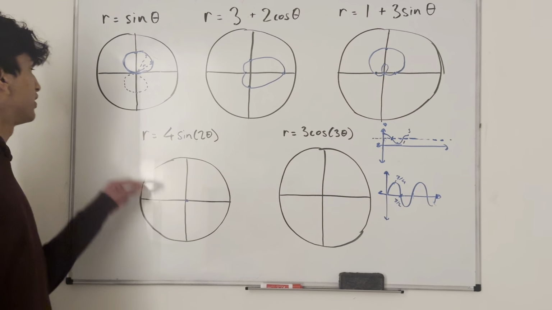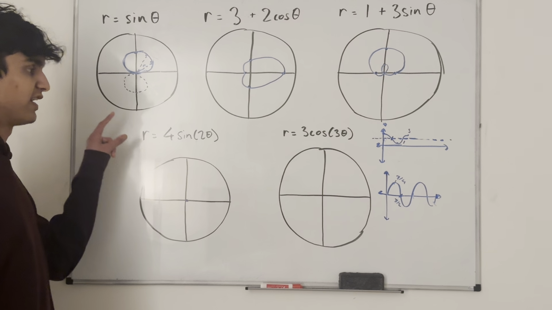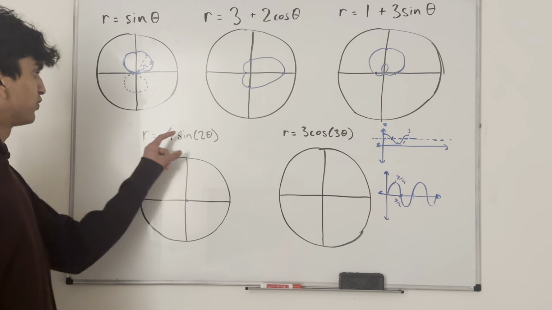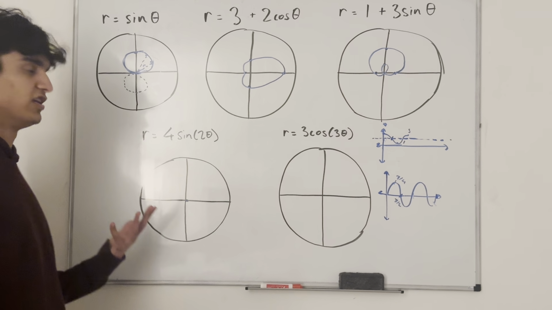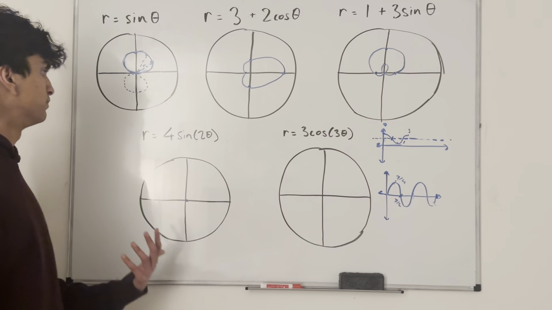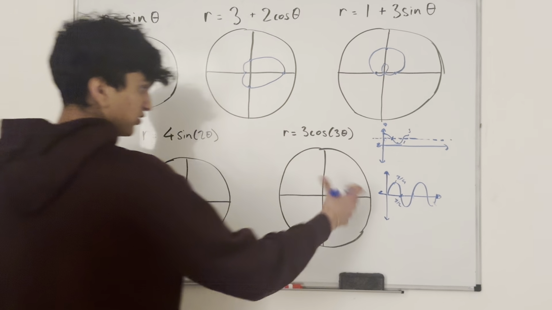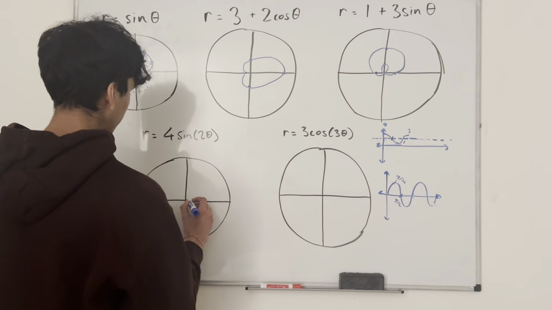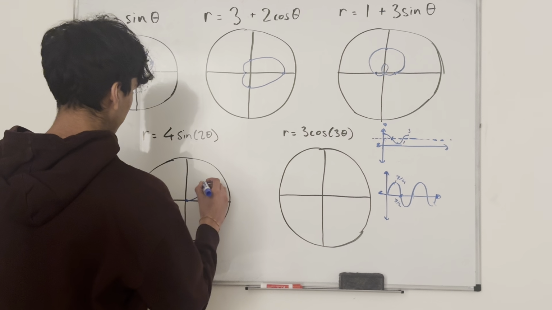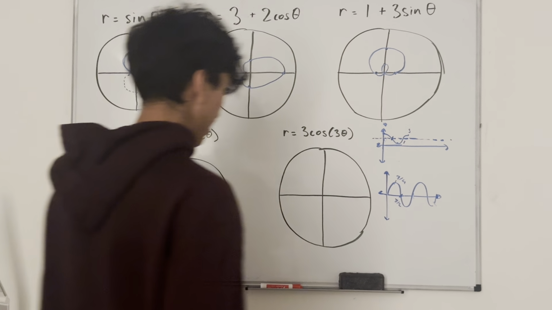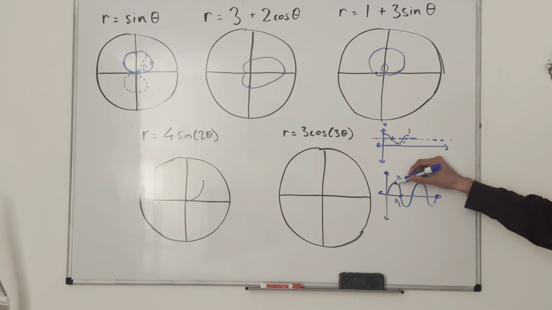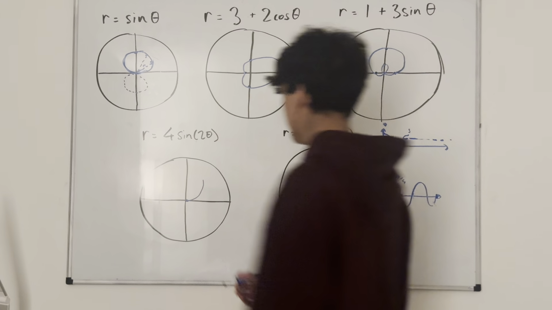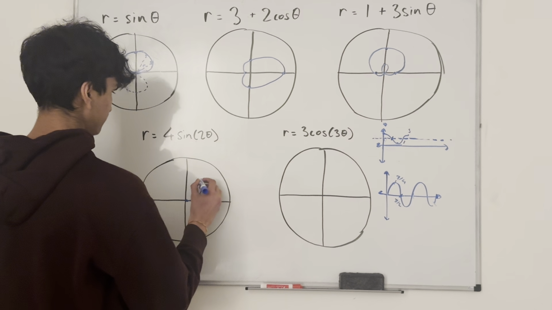You set r equal to 4 because that's the maximum. You get 1 is equal to sine 2 theta, and then you solve theta equals pi over 4. Or you can just think about it graphically. So from 0 to pi over 4, right around halfway, and then it turns back and heads back to 0 at pi over 2.